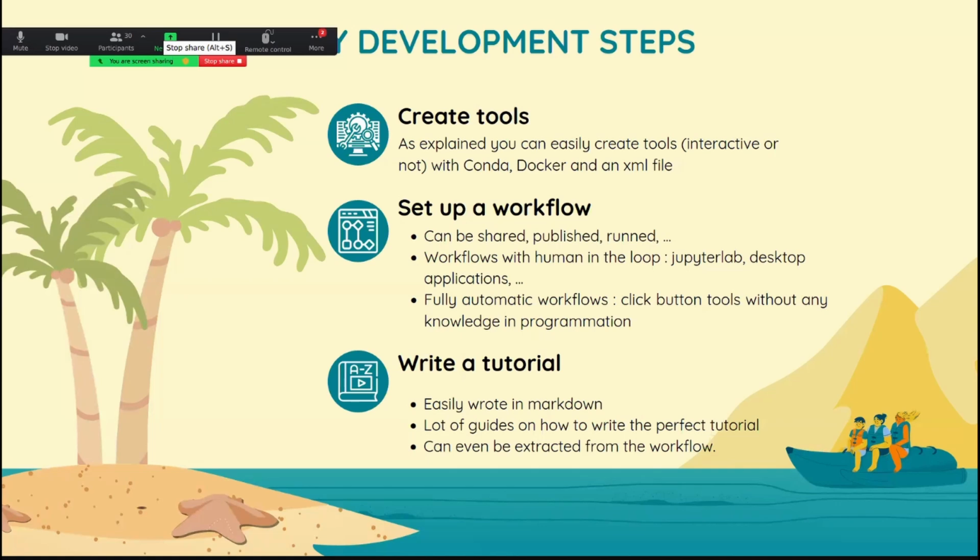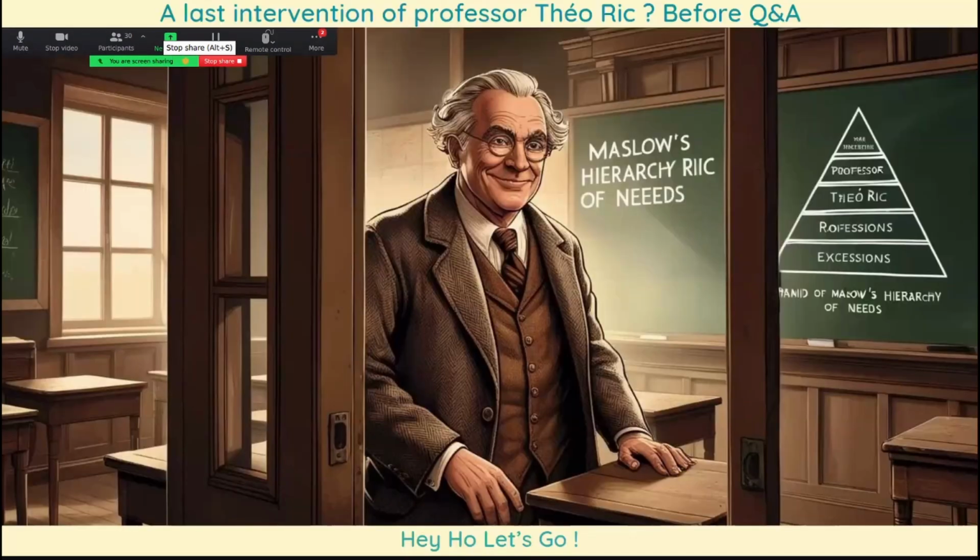This workflow can be shared and published with the WorkRate technology and the workflow web platform. So you can put a human in the loop in your workflow if you want to use some desktop tool like Ocean Data View or GIS platform, but it can be fully automatic with batch tools. And you have to write some tutorial to explain how the community can reuse your tools, and reuse and modify your workflow.